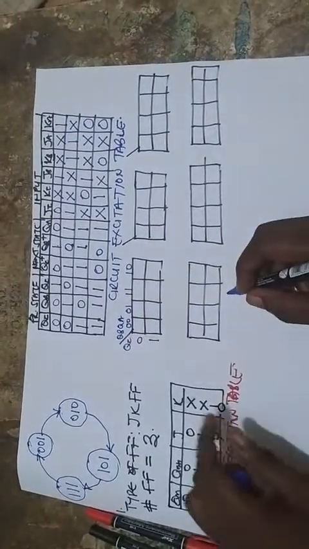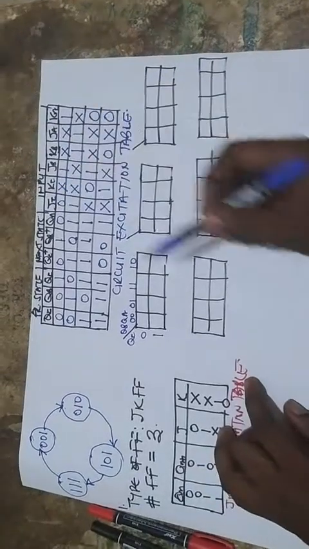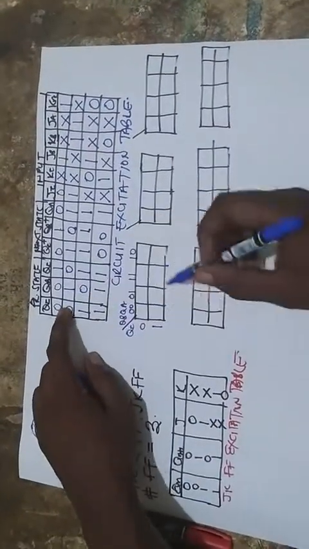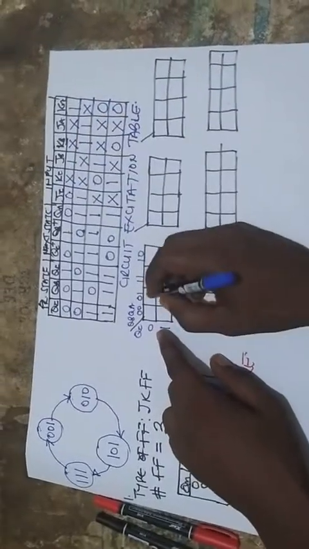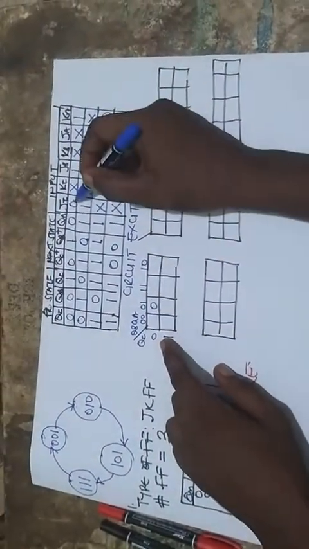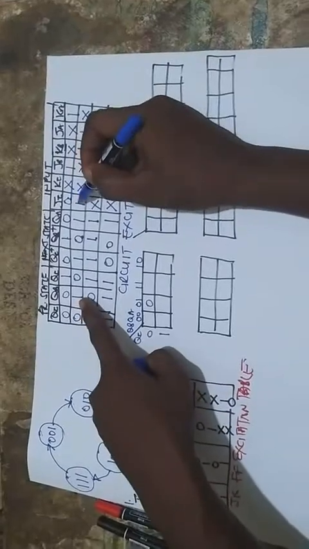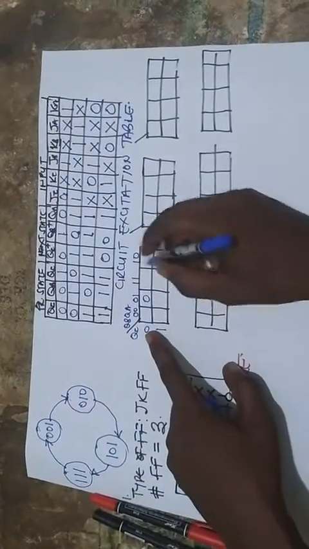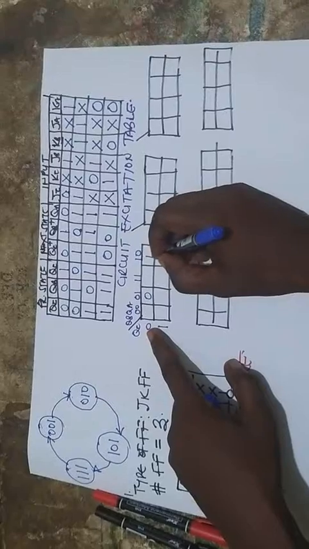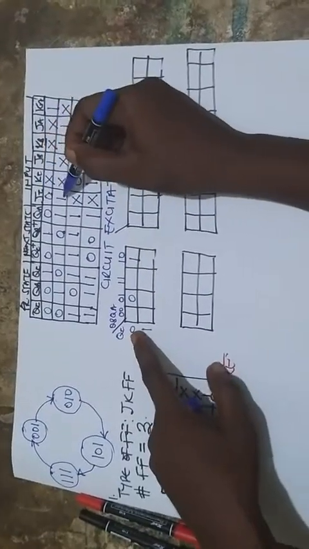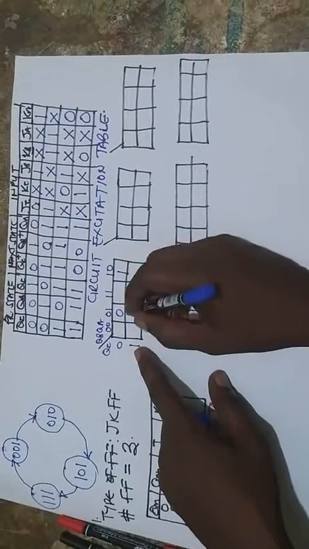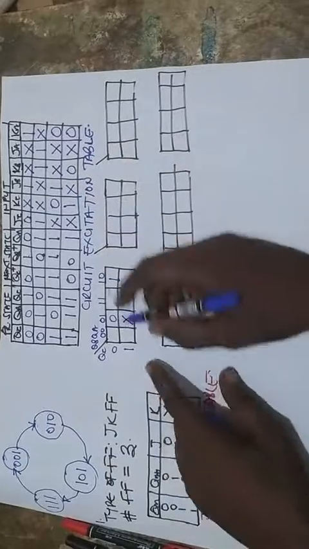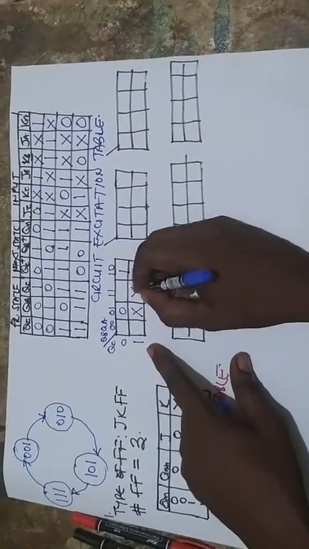So let's do it for JC. We have 001, where JC is 0, right? Then 010 is 1. 101 is don't care. And then 111 is also don't care.